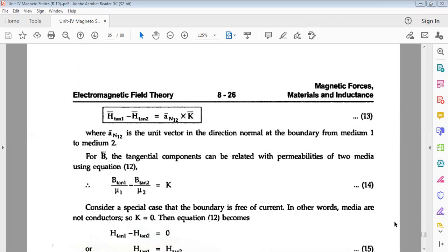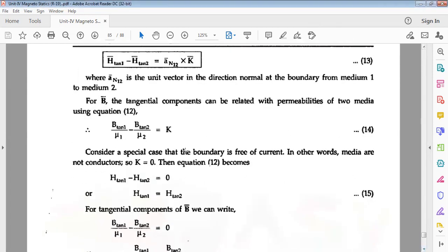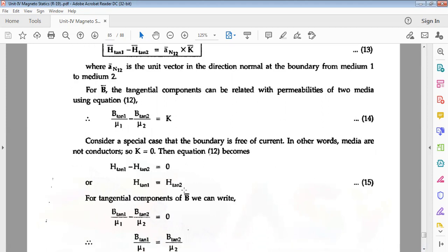Okay, my dear students. Now consider a special case where the boundary is free of current. In other words, the media are not conductors. So K is equal to 0. The equation becomes H tan 1 minus H tan 2 is equal to 0, or H tan 1 is equal to H tan 2.